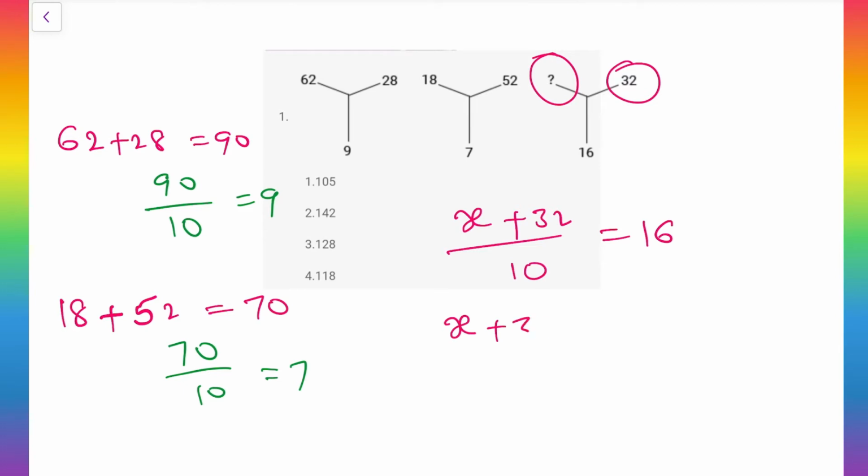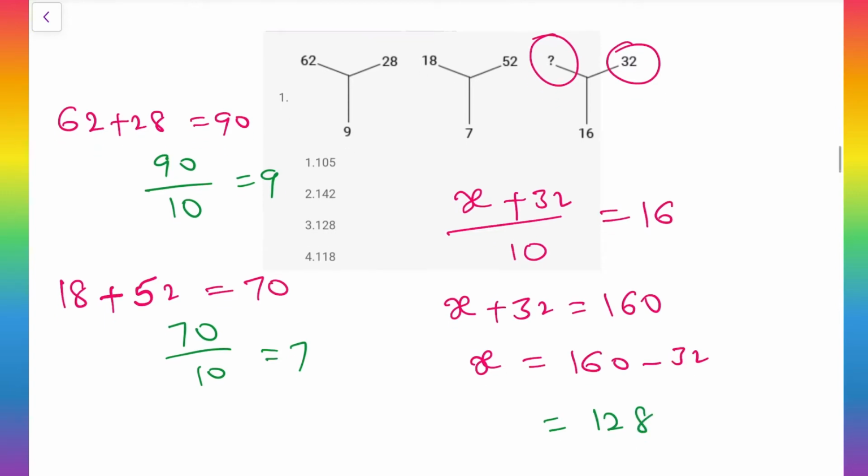So x plus 32 equals 16 10s, which is 160. Now take plus 32 to the right side, then x is equal to 160 minus 32. So 160 minus 32, what is that answer? 128. So the missing number is 128.